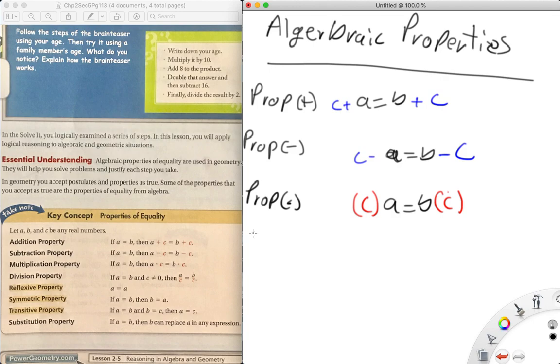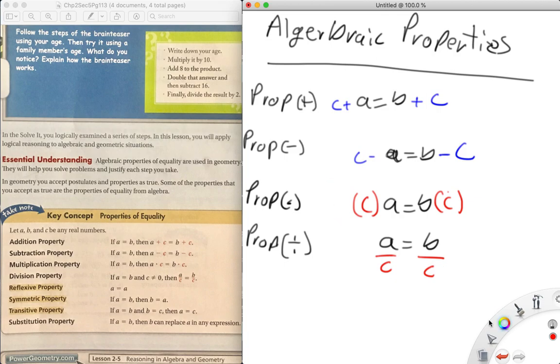If you forgot, remember it, please. Division property of equality. If I have two numbers that are equal to each other, if I divide one side by a number, I got to divide by that same exact number in order to maintain the equal sign. Of course, given that c doesn't equal 0 because you can't divide by 0.